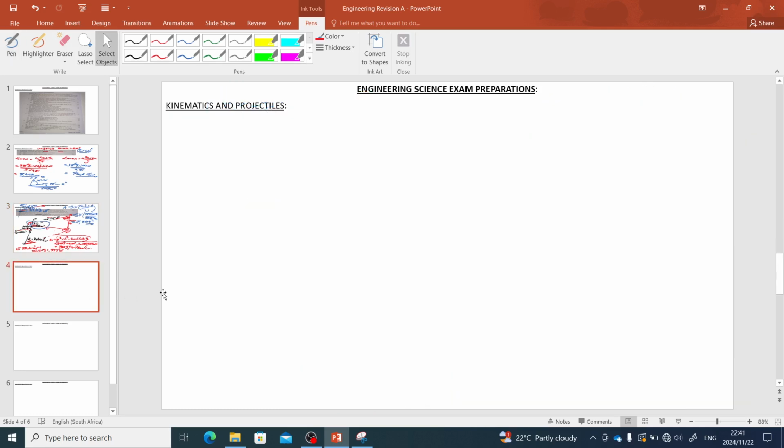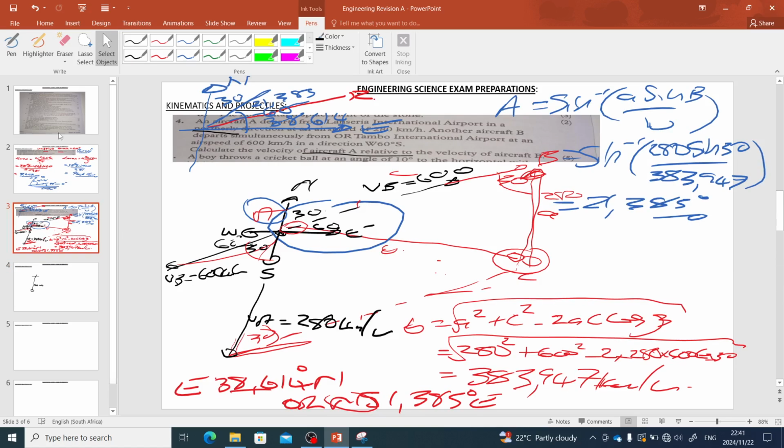Now let's use the vector method. In the vector method, we have this one going south. It is VA, and it is what? 280. Is it 280? Let's double check. It is 280, yes.